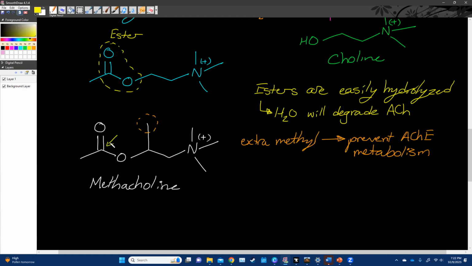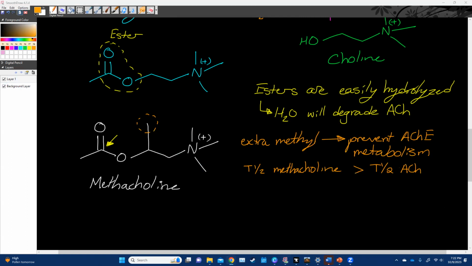Here is the site of metabolism, and we're adding this methyl group so that way we're preventing metabolism. So when we look at the half-life of methacholine, do we expect methacholine to have a longer or shorter half-life than the half-life of regular acetylcholine? Longer. Exactly. You prevent metabolism, you are going to increase the half-life.